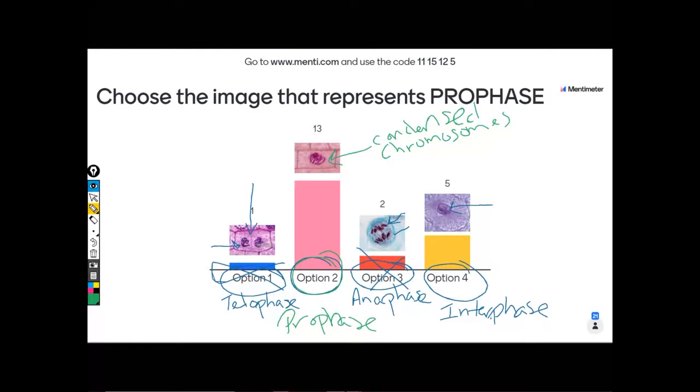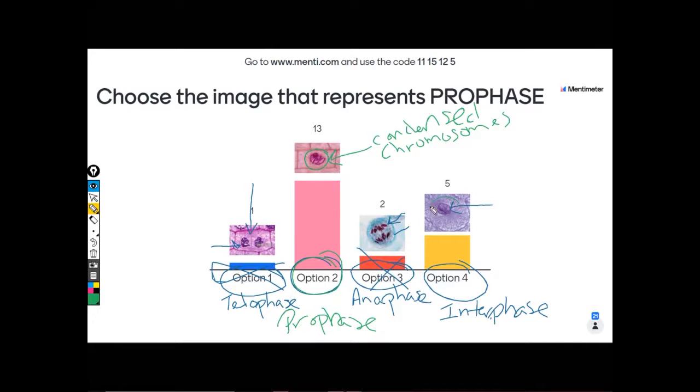Are they organized in any special way? No, right? And that's important because in prophase, that's our key. We haven't done anything with them but boxed them up. So that's how we knew. And this is one of the ways that we can really tell prophase and interphase apart, is in prophase we get these clearly condensed pieces.